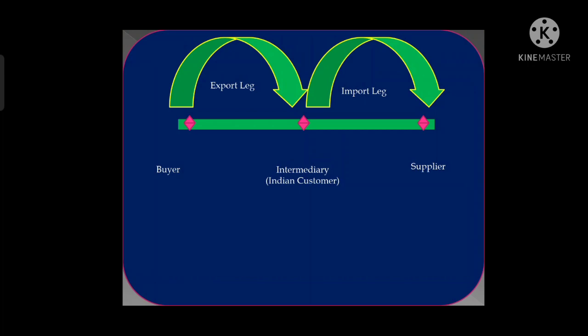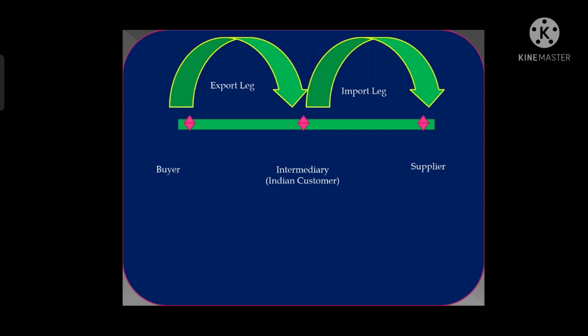Then only it can ship the goods to the buyer, right? So whenever the intermediary is importing the goods from the supplier, it will be called the import leg for the intermediary, because here it is importing the goods from the overseas supplier.